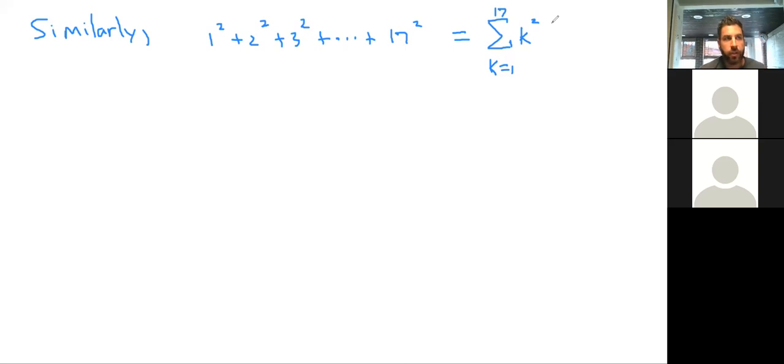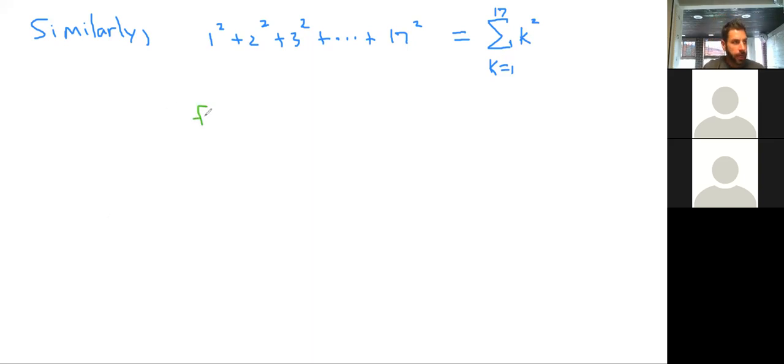So this is a shorthand notation. What else can we do? Well, we don't have to just do numbers. We can have arbitrary expressions like we had above.